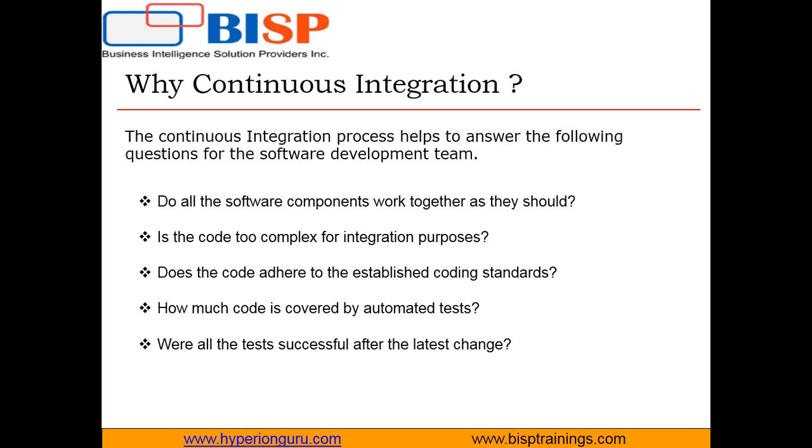The third question is, does the code adhere to the established coding standard? By doing an automated test after the automated build, this is a good point to check if the code meets all the desired coding standards or not.